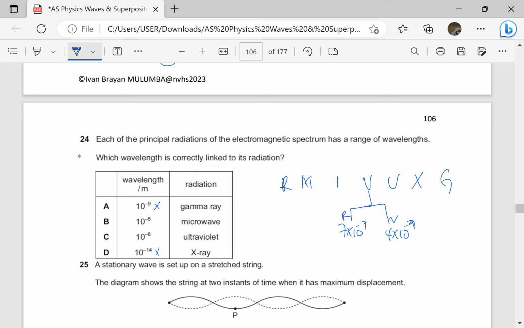Then infrared is next to it, so it should have a power greater than -7, such as -6, -5, and so on. Microwaves is very fun. We know the wavelength of microwaves is approximately 10 power -2. So it means the answer is going to be C. 10 power -5 is approximately infrared.